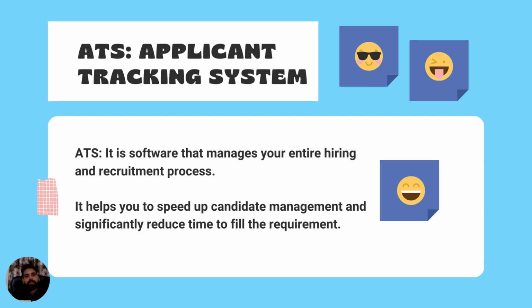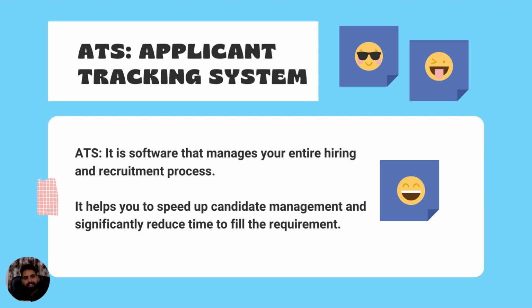As the name says, Applicant Tracking System. So the system that is used to track the applicants, like applicant submissions, their interviews, their placements. So keeping track of the information of the applicant is known as applicant tracking system.